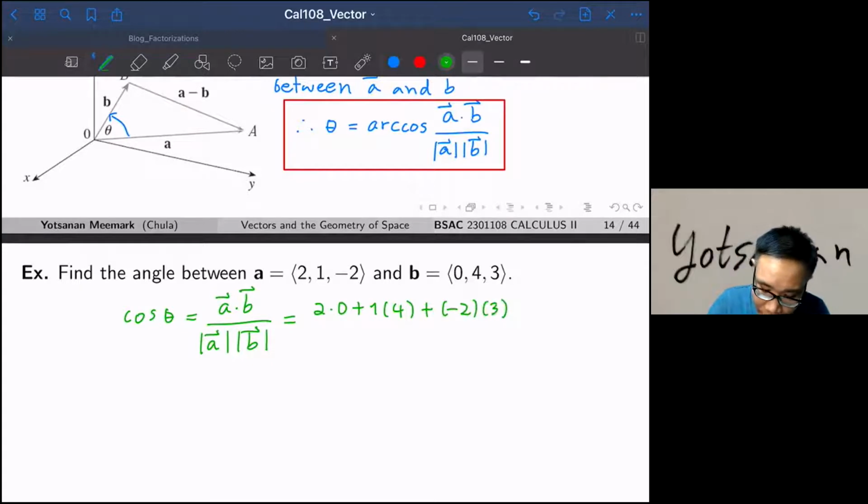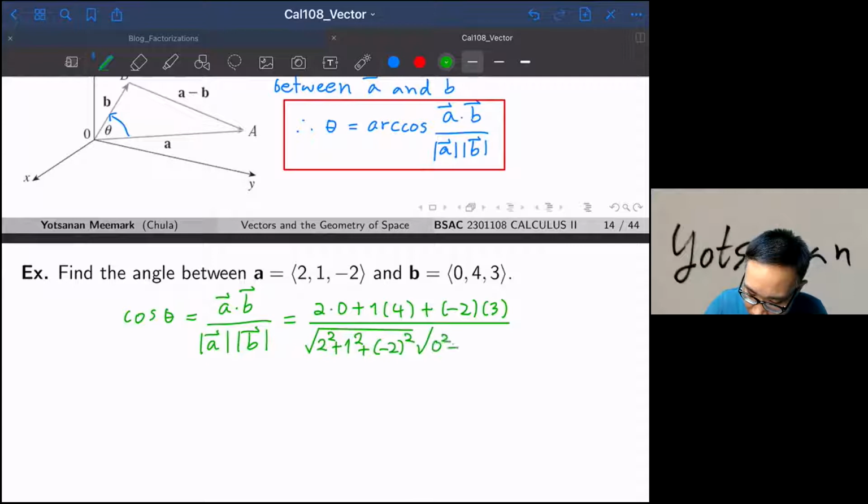And this is over the magnitude of A, which is the square root of 2 squared plus 1 squared plus negative 2 squared, times the square root of 0 squared plus 4 squared plus 3 squared.